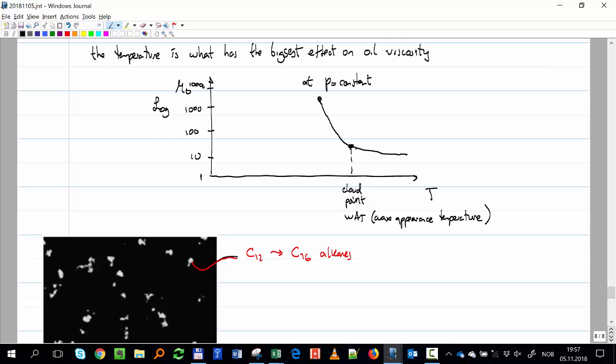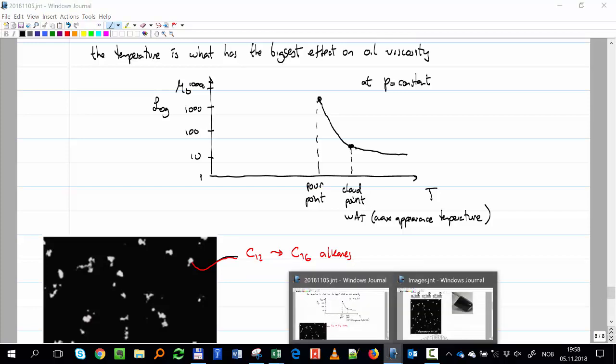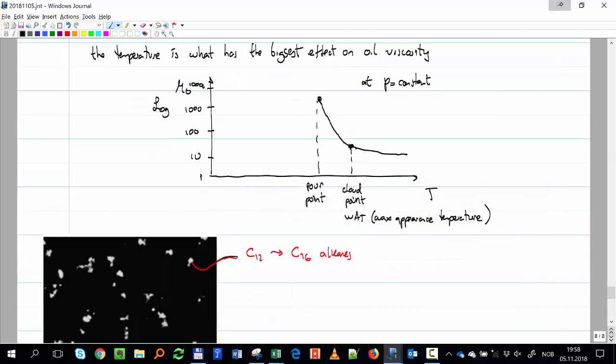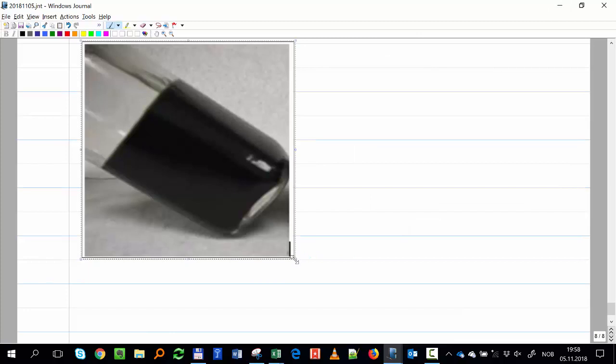It makes a jello until you reach another very important point, called the pour point, at more than 1,000 centipoise. At that point, you have no more flow; it behaves basically like a solid. So that's the pour point. Pour comes from the word to servir.